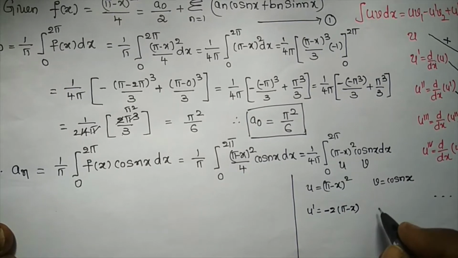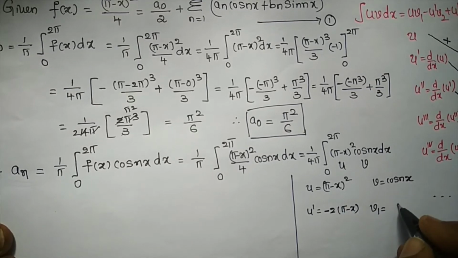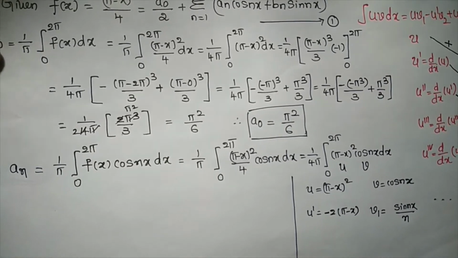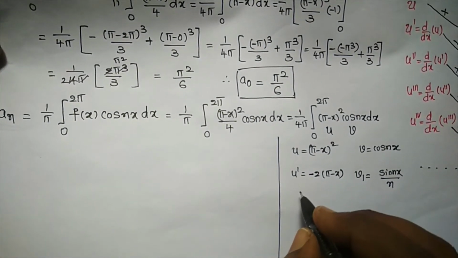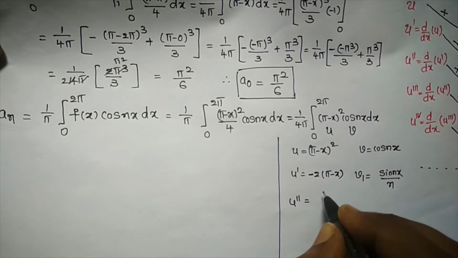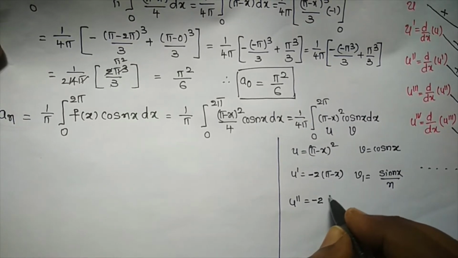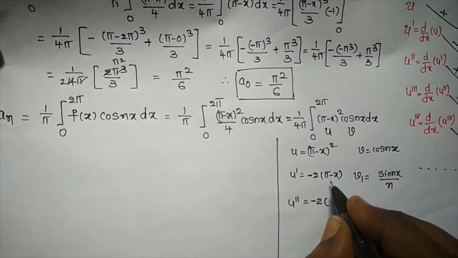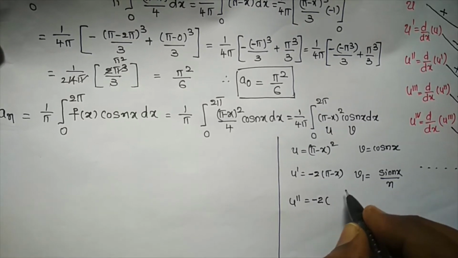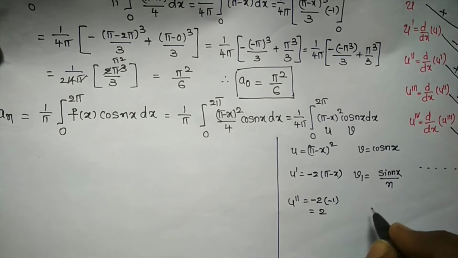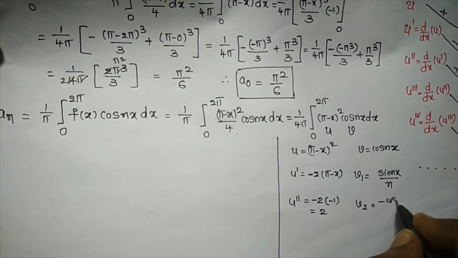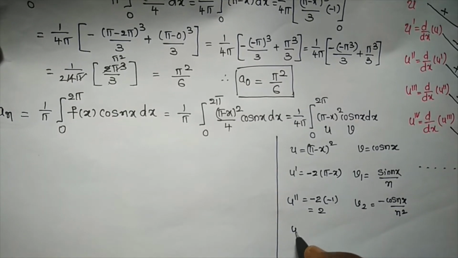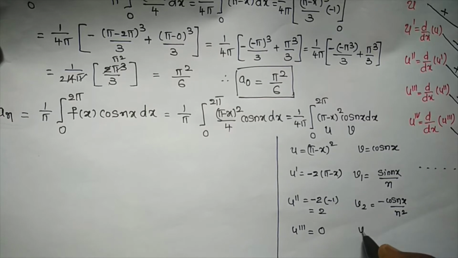V1 is the integral of cos nx, which is sin nx by n. Next u double dash is the derivative of minus 2 into (pi minus x), which is minus 2 into minus 1, equal to 2. V2 is equal to minus cos nx by n square. And u triple dash is equal to 0, so no need to find v3.